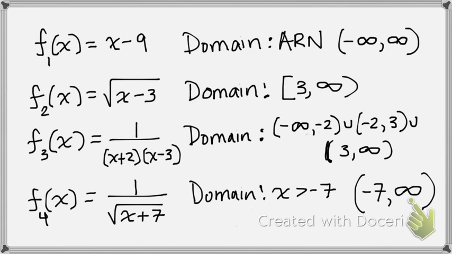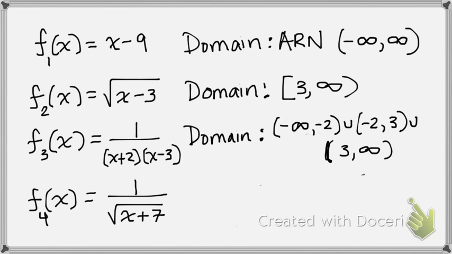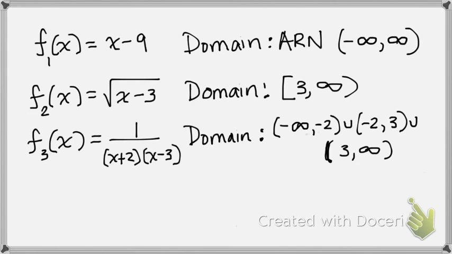Now, pay attention. You might be asked what the domain is, or you could be asked what values are not in the domain. So you got to be careful what question you're being asked. So if I'm being asked what's the domain, this is how I would respond to it here. I'm afraid this looks like a bracket, so I'm going to make sure that's clearly parentheses.